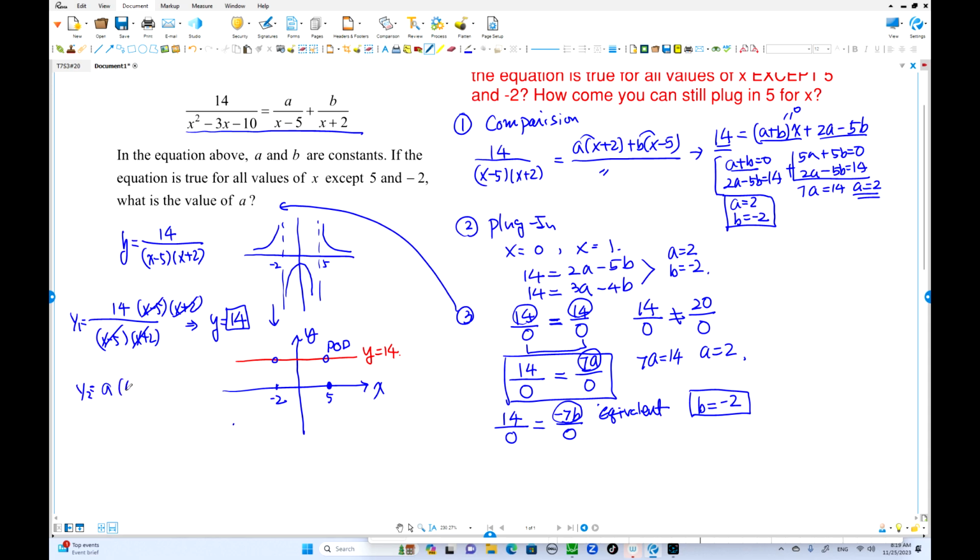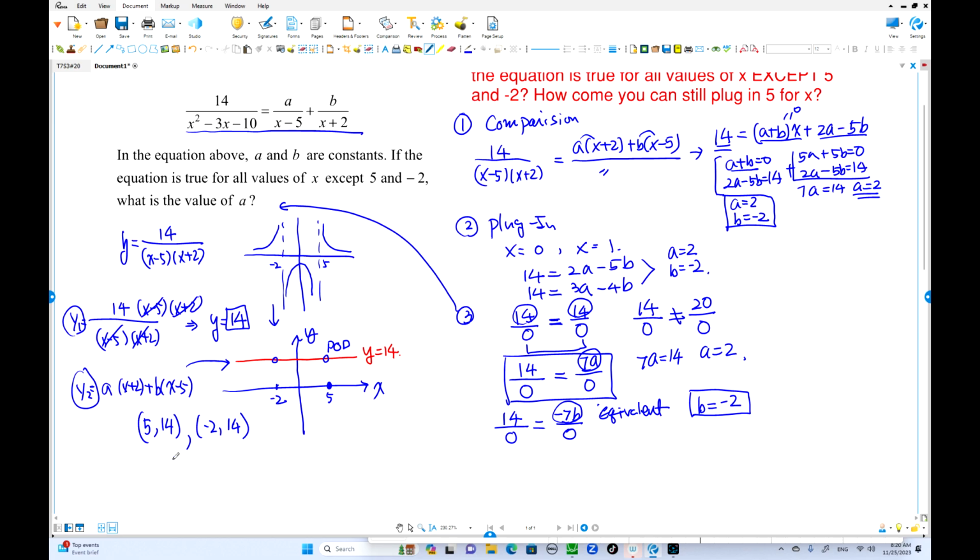So a times x plus 2 plus b times x minus 5, because the denominator is going out. It should be equivalent, right? Using the PODs' locations, the POD is at the coordinate 5 and 14, and negative 2 and 14, another POD over here.